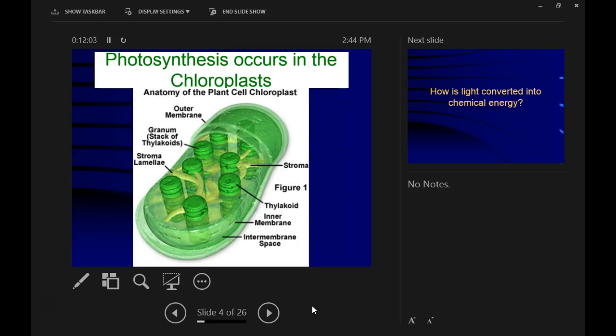So it's kind of a two-step process. Light energy is captured to make chemical energy. That chemical energy is used to convert carbon dioxide into glucose. And this takes place in that fluid-filled space called the stroma. That's sort of the big picture. Right? So when we learn about these little parts, this is what's going on inside those parts, and we'll talk about them in more detail in just a moment.